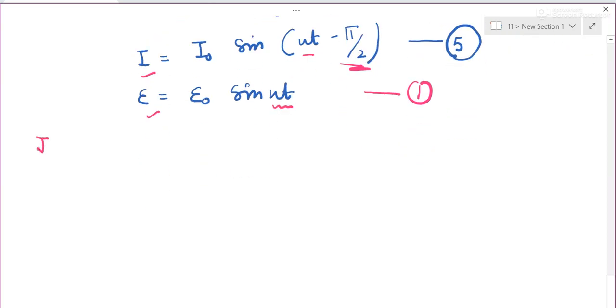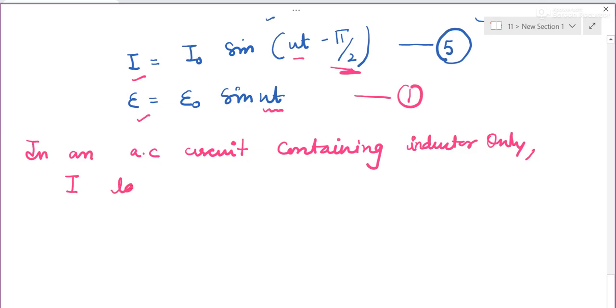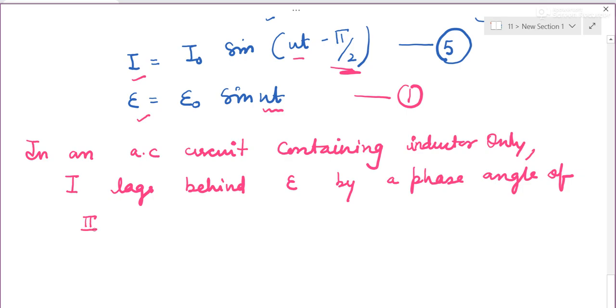So we'll write: in an AC circuit containing an inductor only, current lags behind voltage by a phase angle of pi by 2 radian or 90 degree.